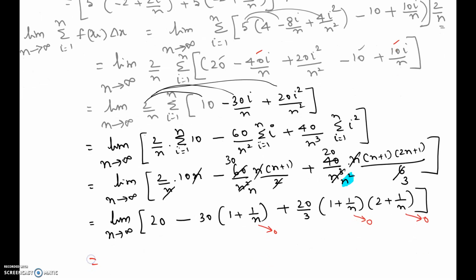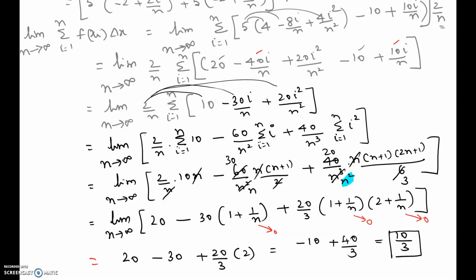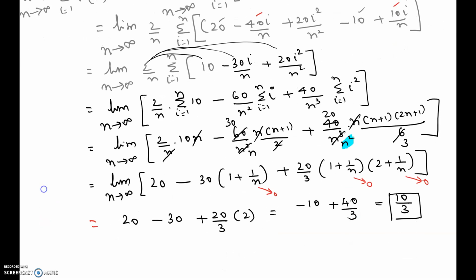So after we allow n to approach infinity, it is 20, then we have minus 30, then 20 over 3 times 2. So that will be negative 10 plus 40 over 3. When you simplify all this, it reduces to 10 over 3. This is by evaluating the integral by the Riemann sum method.